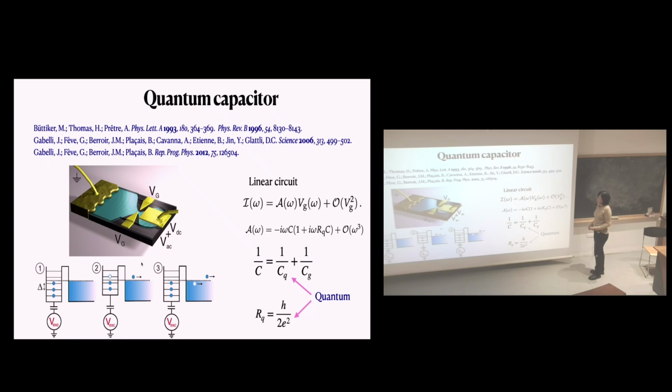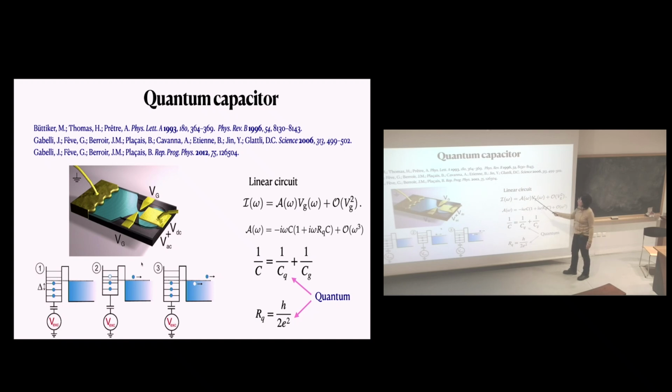And the response of the linear system, so here linear means linear in the amplitude, like a linear circuit where this voltage is small. So linear means that it's linear in the amplitude of the applied voltage. And this is the frequency at which the voltage oscillates.